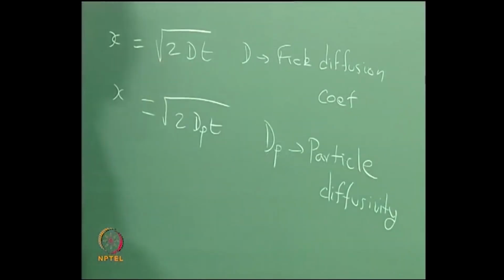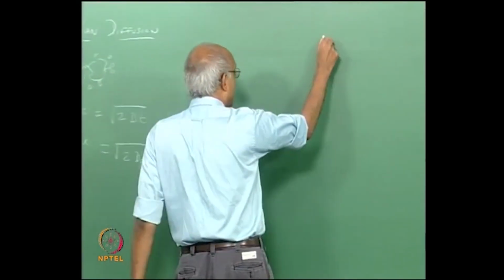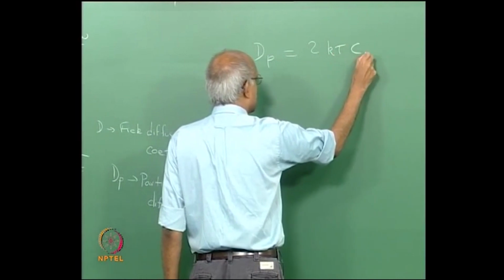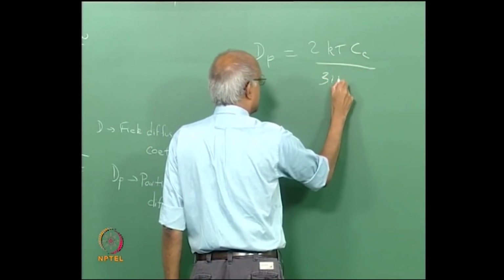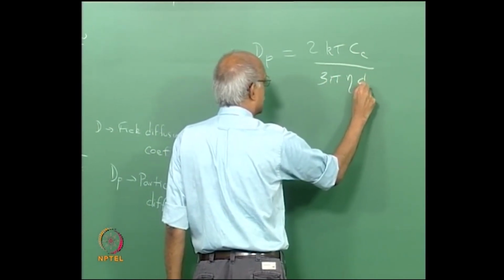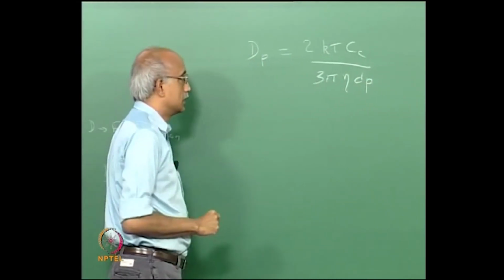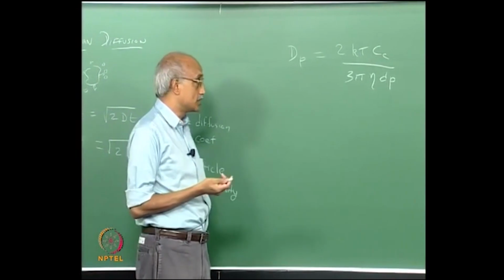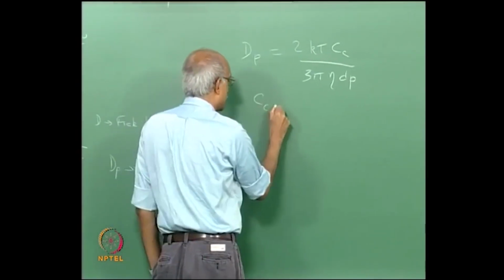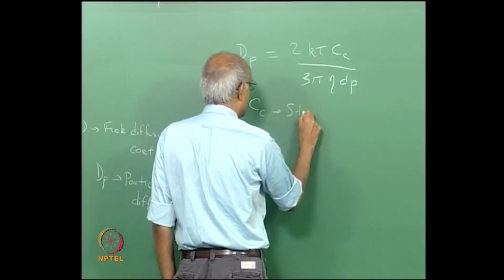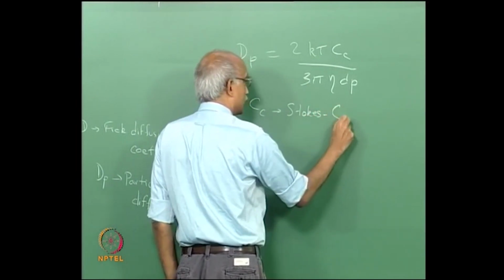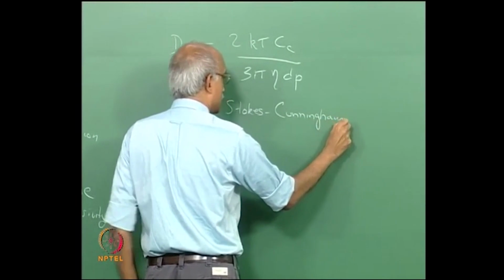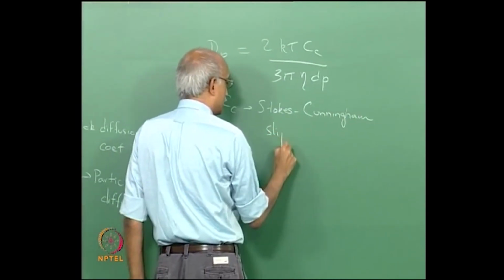The particle diffusivity itself is defined by 2 kT Cc over 3 pi eta dP, where k is the Boltzmann's constant, T is the temperature. Again, the Cc factor is the Stokes-Cunningham slip correction factor.